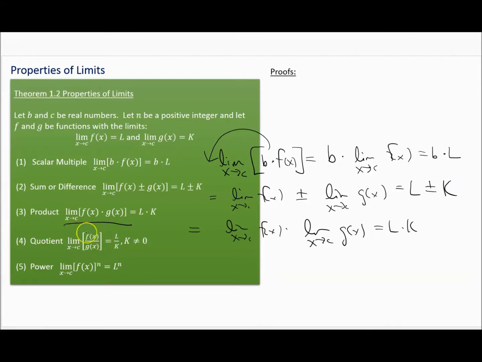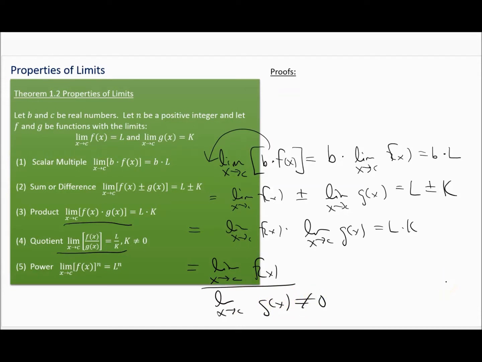Look, if you're dividing, you can take those separately as well. So if you have the limit as x goes to c right here of f of x divided by g of x, you could write that as the limit as x goes to c of f of x divided by the limit as x goes to c of g of x, as long as your limit as x goes to c of g of x is not equal to 0.